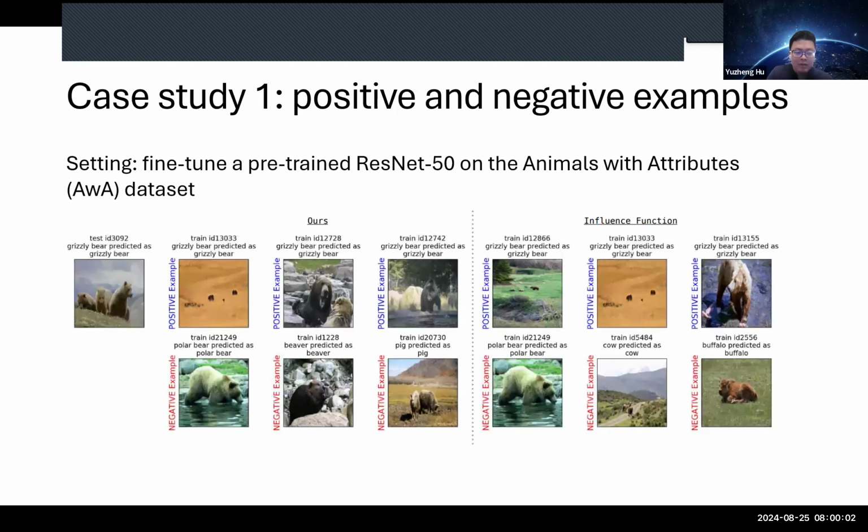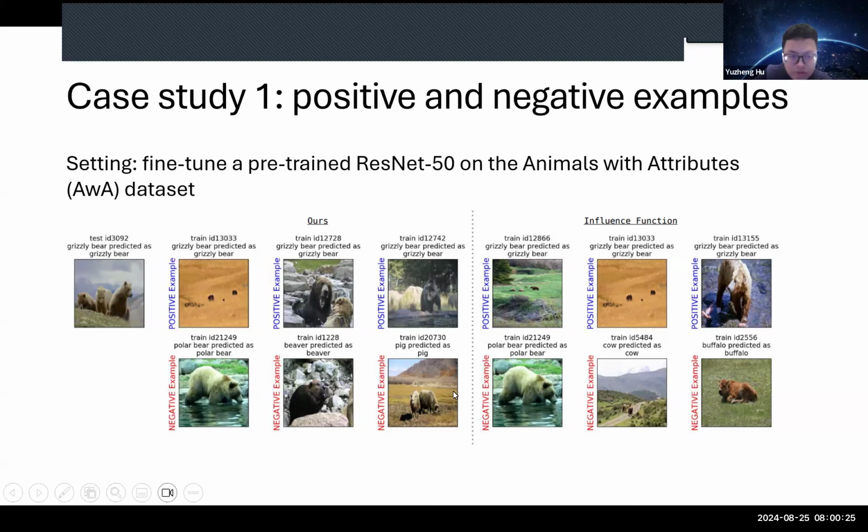So here on the left column is a test sample. The neural network does a successful prediction, predicting it as the grizzly bear. And here there are 6 columns on the right hand side.